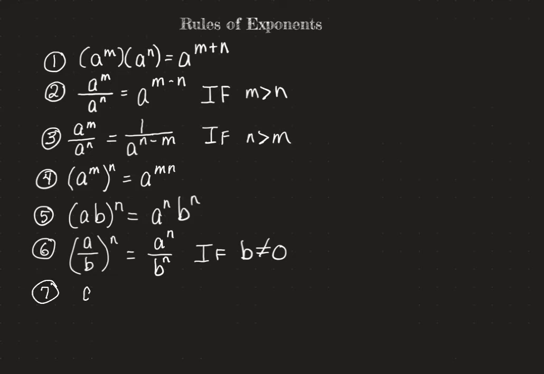Rule number 7, a to the 0th power equals 1. Why would that be true? Well, let's take a look at this. Let's make our base 2, and we're going to say that 2 to the 0th power equals 1. Well, what does 2 to the first power equal?